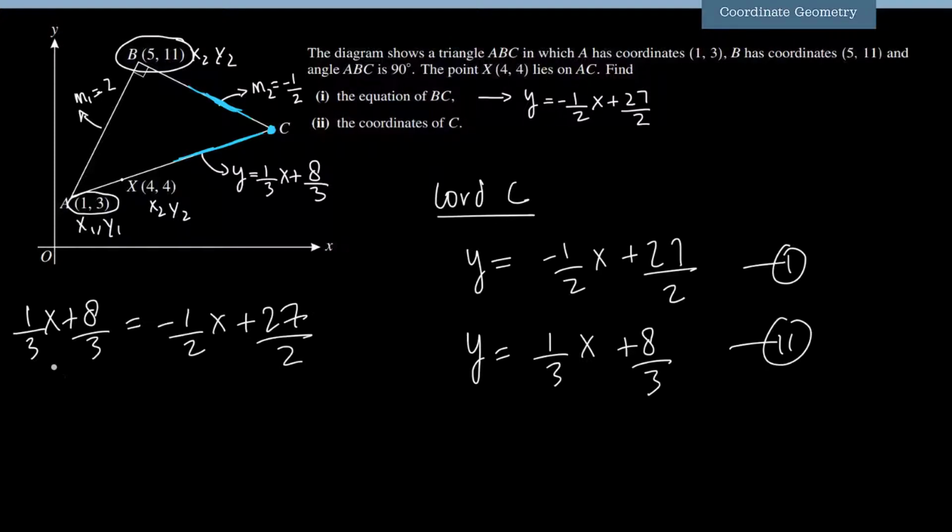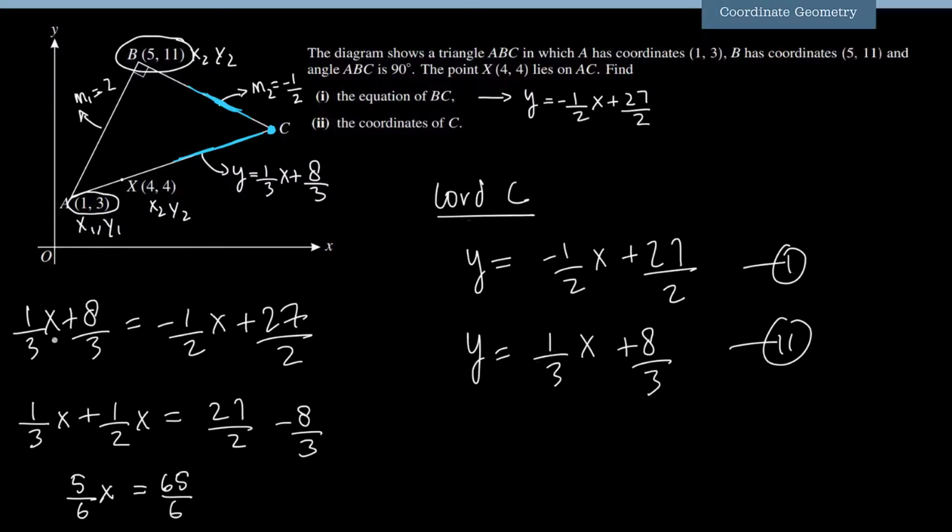Shifting terms with x to one side and the terms without x to the other gives 1 upon 3 x plus 1 upon 2 x is equal to 27 upon 2 minus 8 upon 3. 1 upon 3 x plus 1 upon 2 x is 5 upon 6 x, and 27 upon 2 minus 8 upon 3 is 65 upon 6. Cross multiplying gives x as 65 upon 5, which is 13.